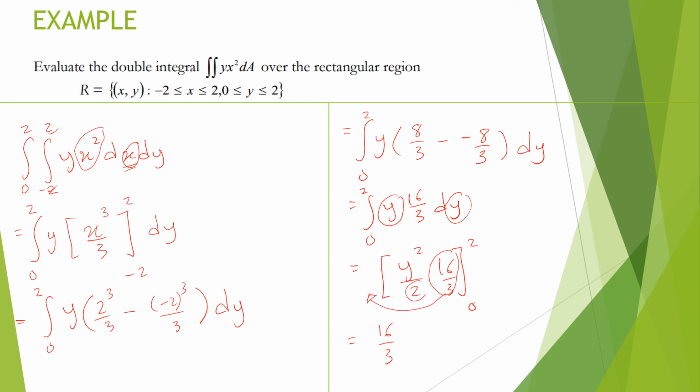Also the 2 here you can bring outside, so 1 over 2. Now substitute 2 into y, so 2 squared minus 0 squared. So 2 times 8 over 3 times 2, we get 32 over 3 as our final answer.